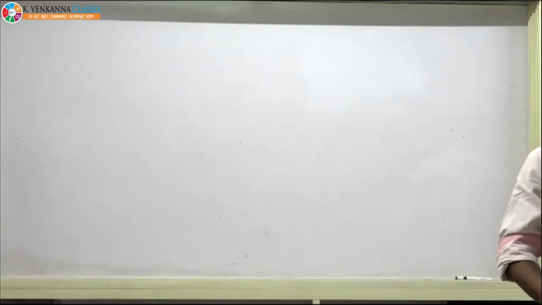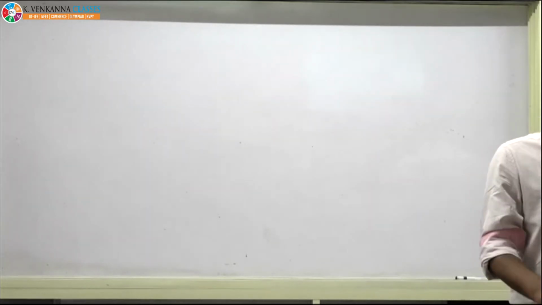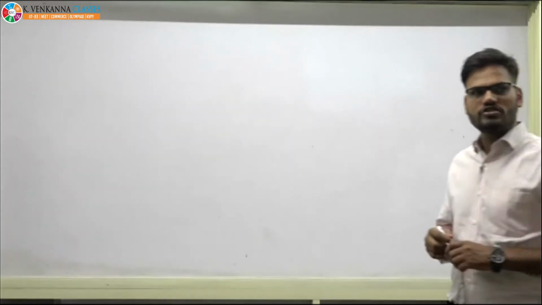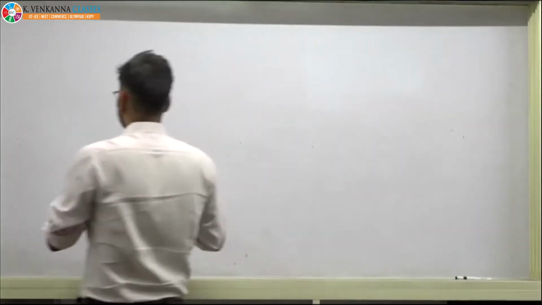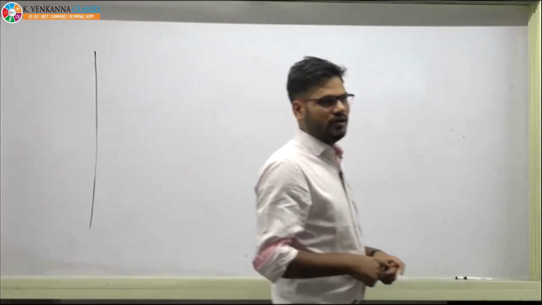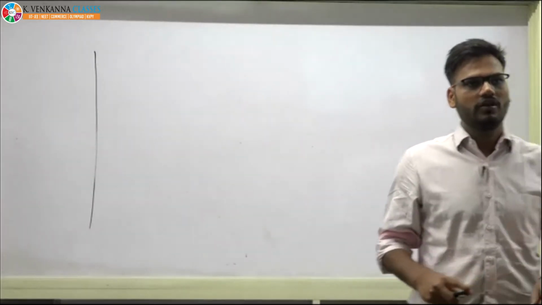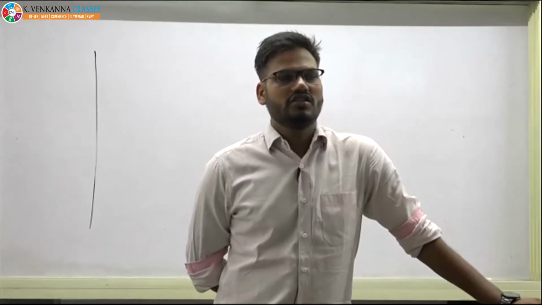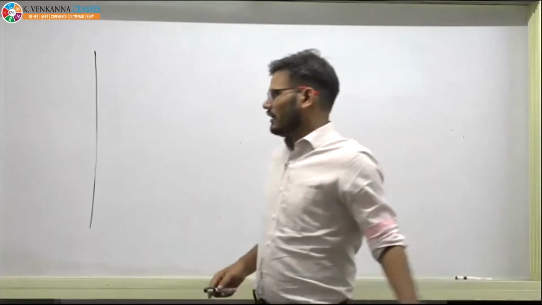So I have given one question, beta, right? Some question was given in which we were discussing calculation for empirical formula or estimation. Good morning, Varnika. We were discussing the estimation of empirical formula in the previous class, right?